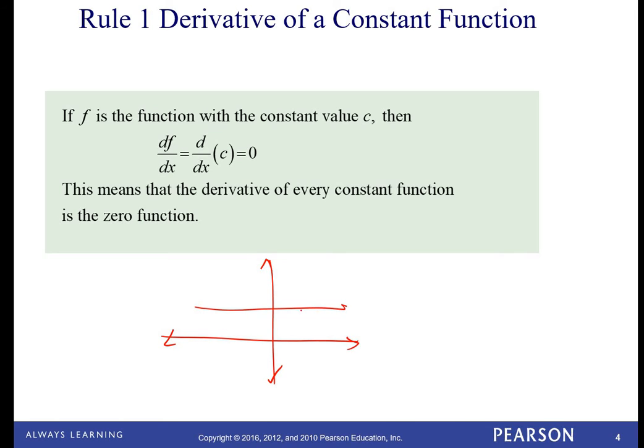So let's say we have the line f of x equals 3. Okay, so that's a constant function. The derivative of f of x, if f of x is a constant, is 0. The slope of this line is 0 every place we find it. The derivative of a constant is 0.